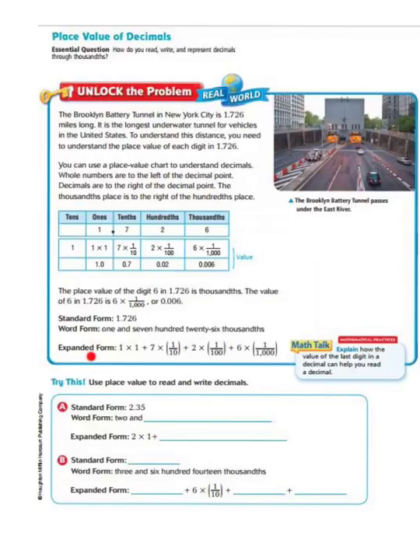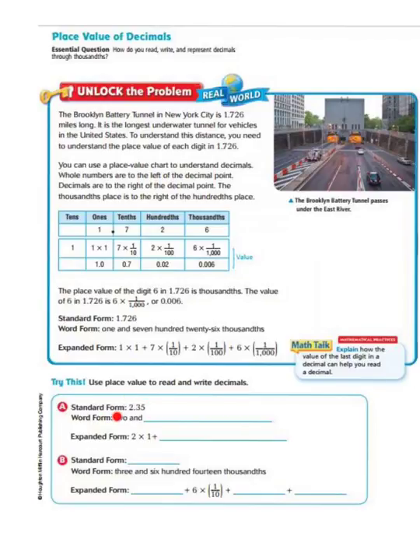Our expanded form is 1 times 1, plus 7 times 1/10, plus 2 times 1/100, because our 2 is in the hundredths spot, plus 6 times 1/1000, because our 6 is in the thousandths spot.